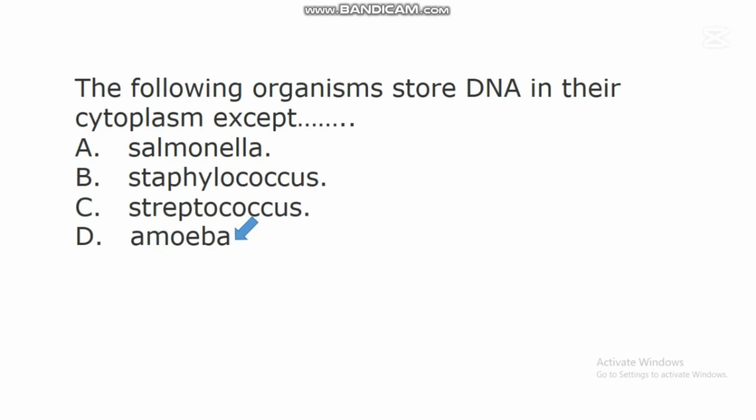Staphylococcus and Streptococcus are also bacteria, and all bacteria store DNA in their cytoplasm. Not only bacteria, all prokaryotes store their DNA in their cytoplasm, but amoeba is a eukaryotic organism because it has a well-defined nucleus in its cell.